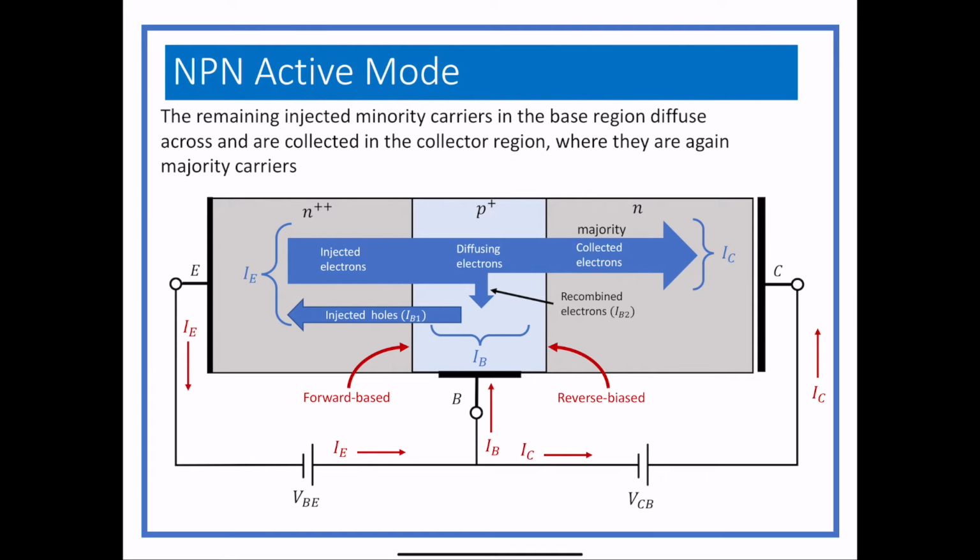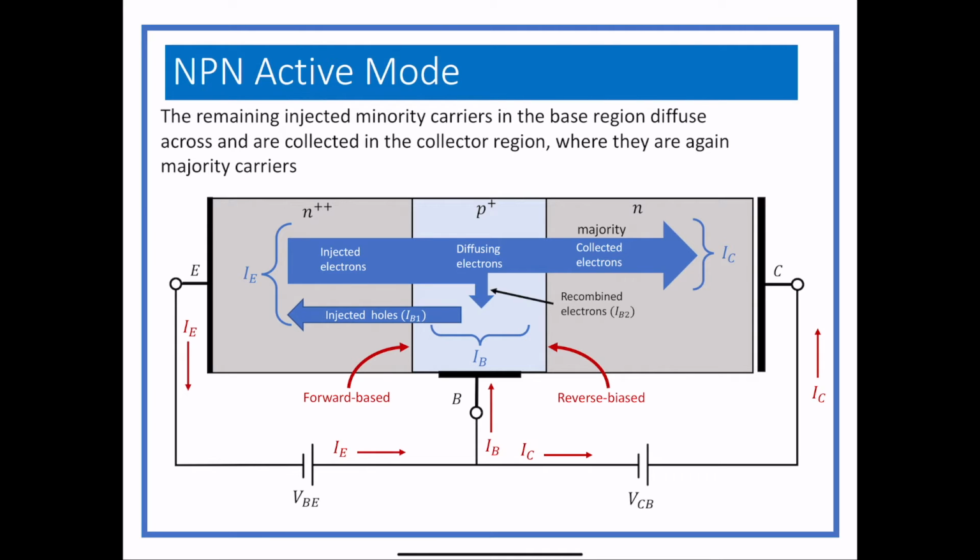So you get majority carriers moving and being minority, then back to majority carriers, and that is all the collector current right there. It's all the electrons that manage to get from the N region through the P region and to the other side without recombining with anything. So that's basically the collector current.